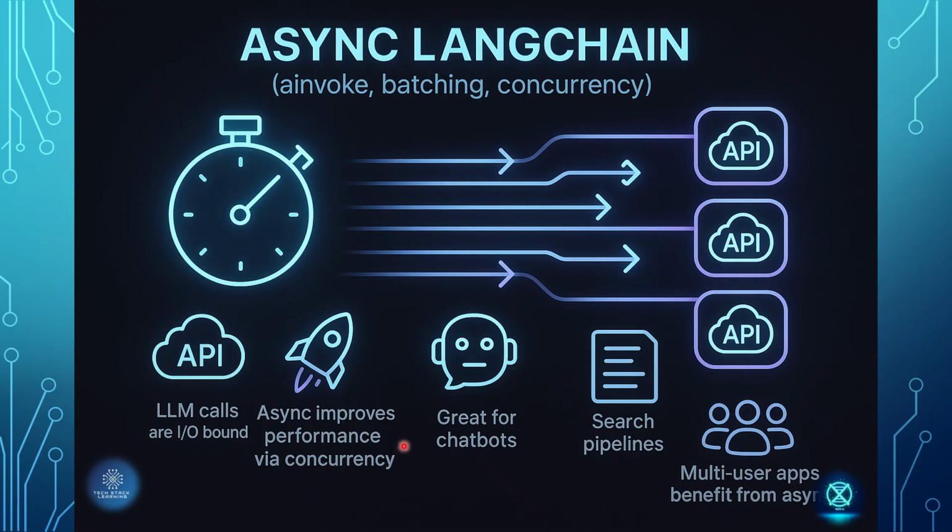This is mainly used for chatbots, document processing, pipelines, or multi-user apps. It's mainly for these reasons we use async methods like ainvoke, batching, or the concurrency related methods.